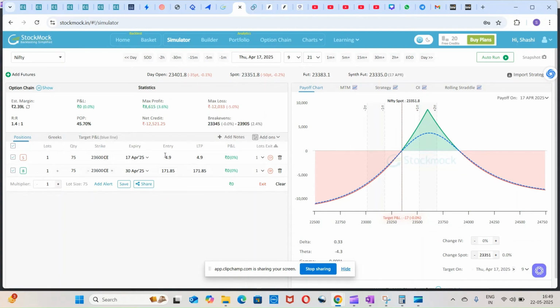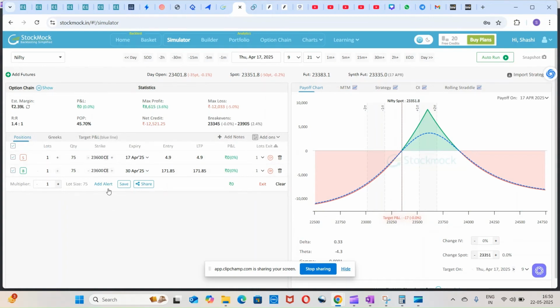The logic here is, if it stays within this range, this will have a theta decay which is faster compared to the other one. Because this is an end of the month call option, the decay here will be very little, and the decay here will be fast because it is the current week's one.